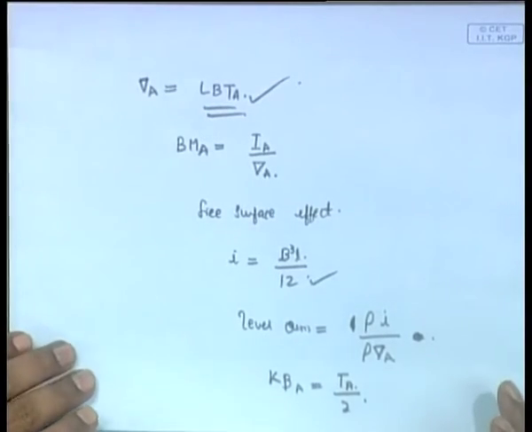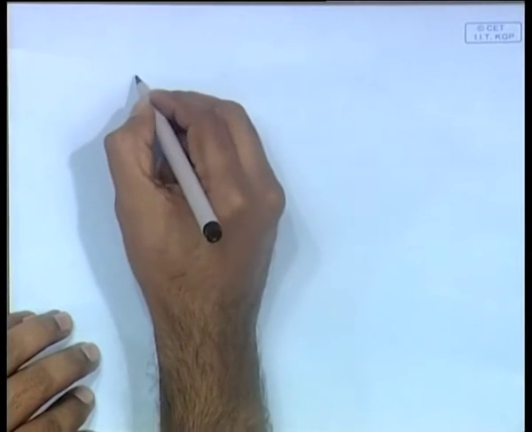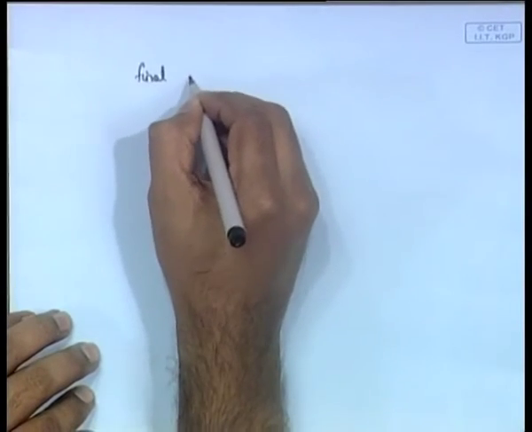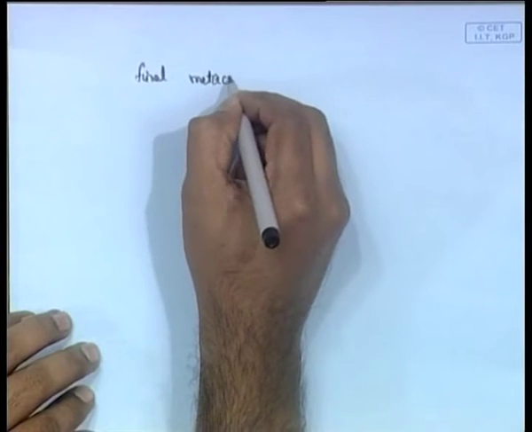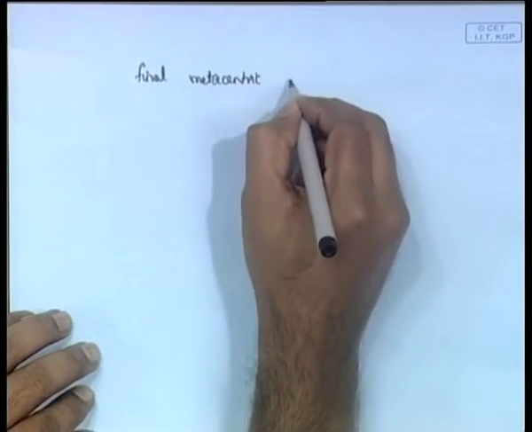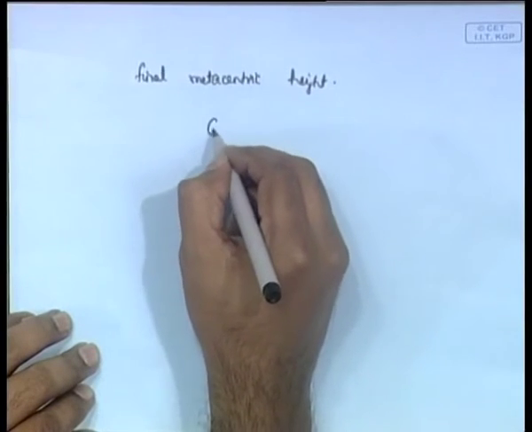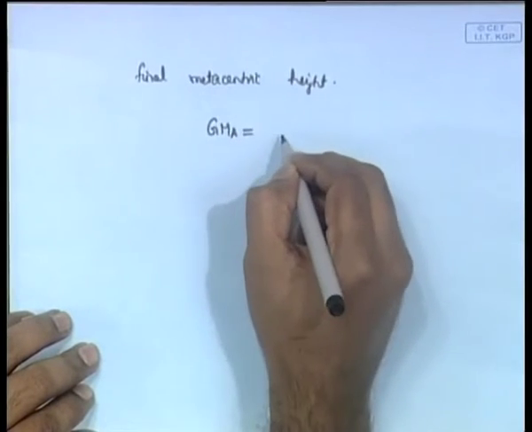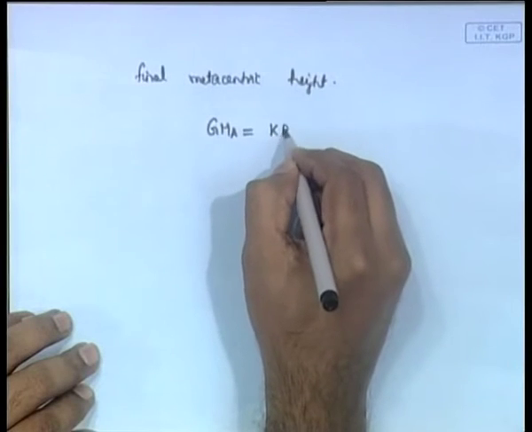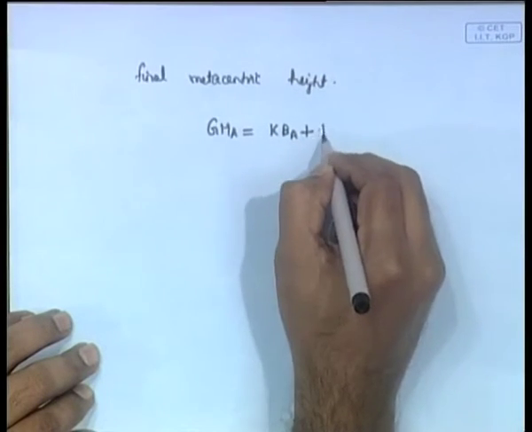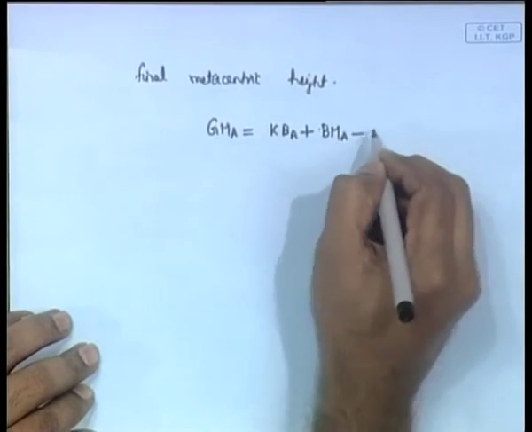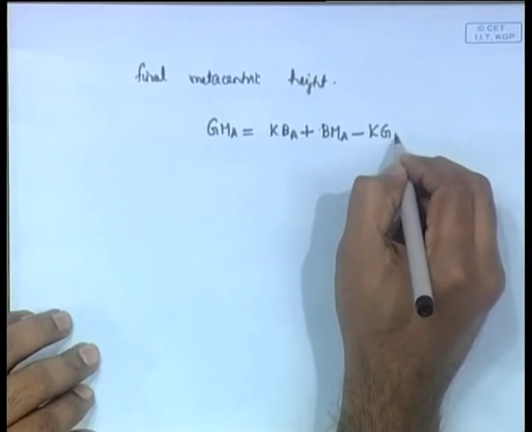So, now once you have this, you need to find the final metacentric height. The final metacentric height can be written as GM in the final case is equal to KB in the final case plus BM in the final case minus KG in the final case.